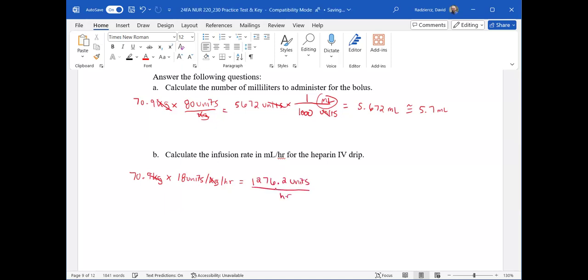Again, sometimes I write this just to kind of keep things simple, and that way you can kind of see where I'm multiplying and dividing.